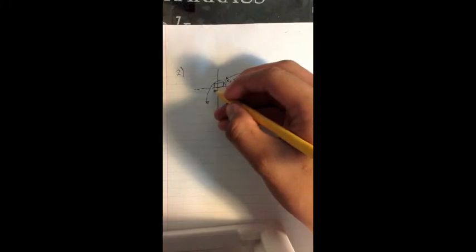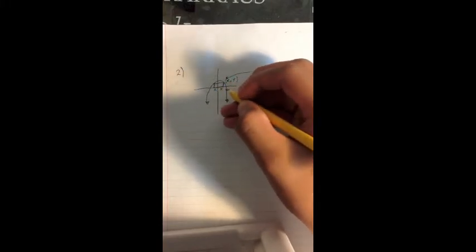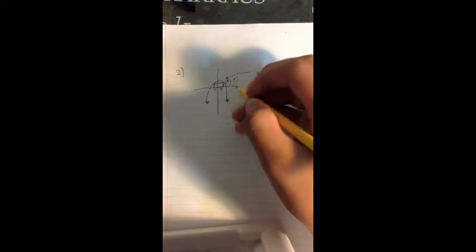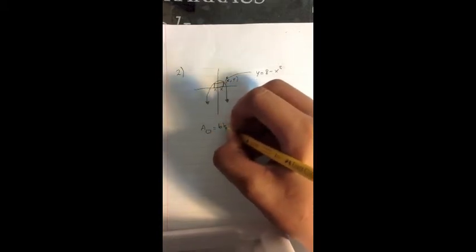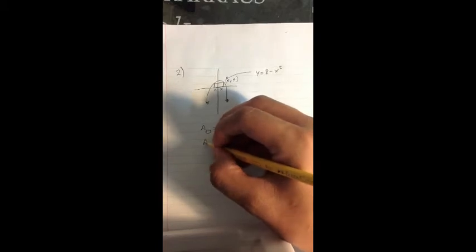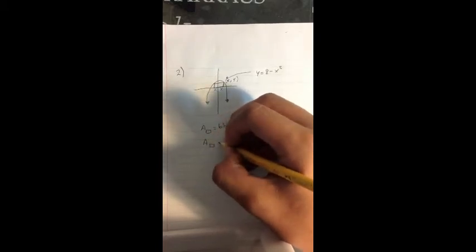If this is x and this is x, we have 2x as the base and as the height y. So the area of the rectangle is base times height, right? And if we plug it in, it is 2x times y.